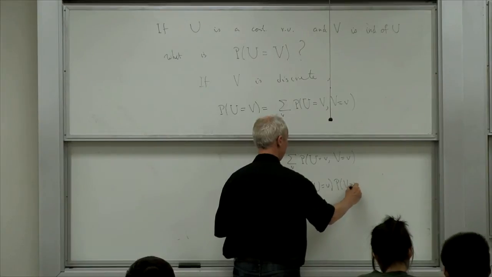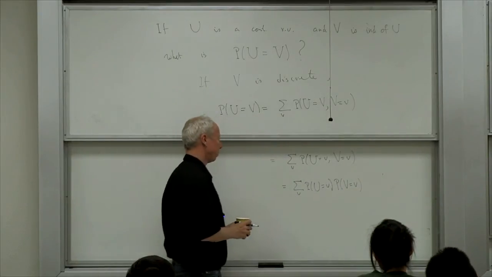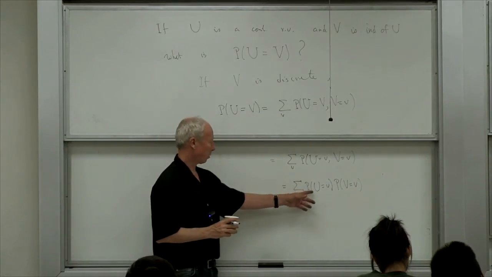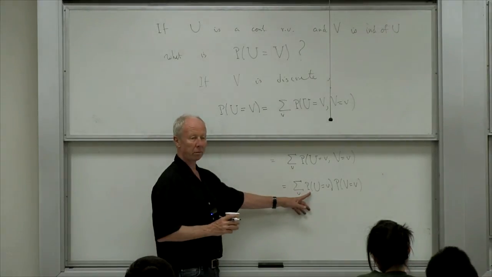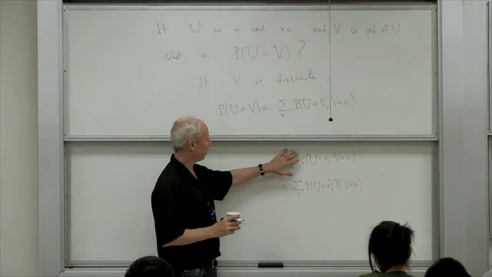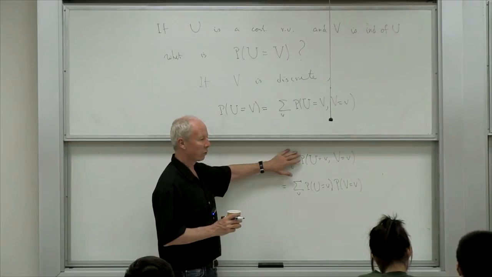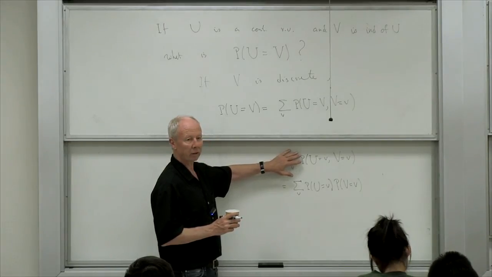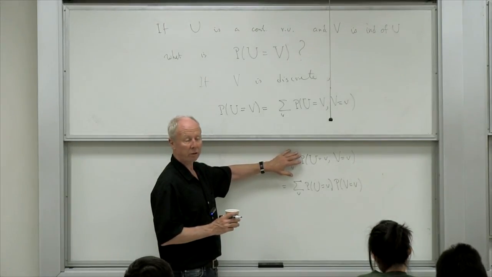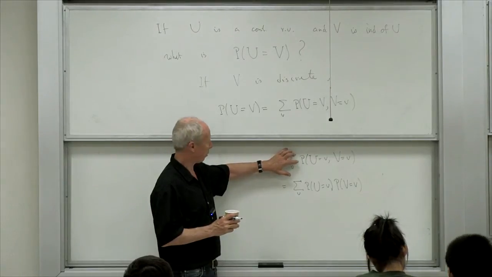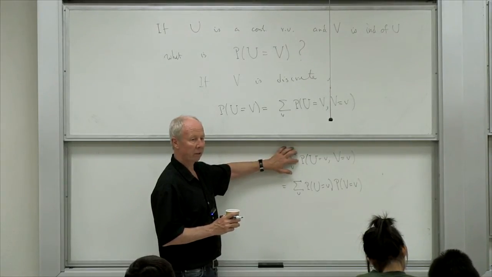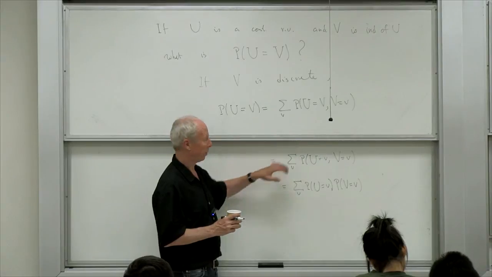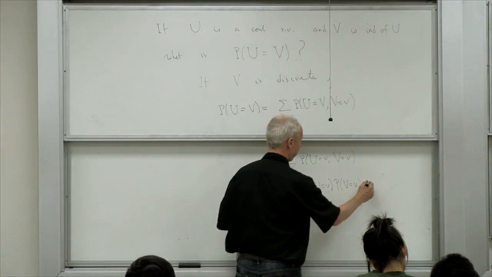And what's this term here? 0. Or back up here, this probability is less than or equal to the probability that U is equal to v, because that would be less restrictive. So what's this probability already? We already know it's 0. Okay? So this is 0.